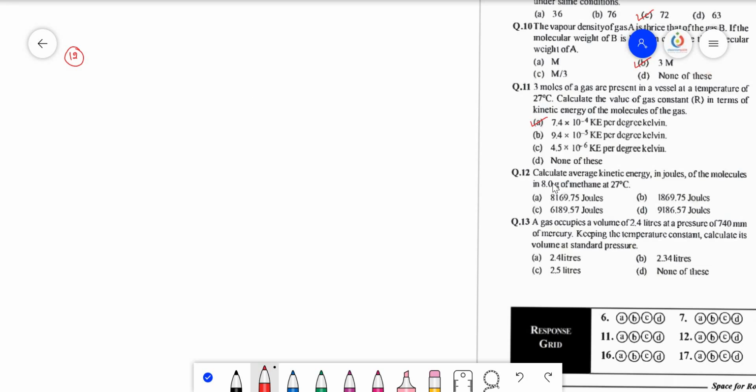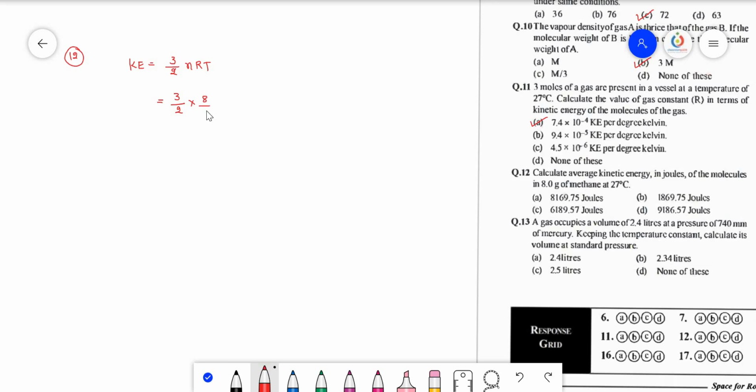Let us solve question number 12. Calculate the average kinetic energy in joules of the molecules in 8 grams of methane at 27 degrees centigrade. So average kinetic energy formula again is equal to 3 by 2 nRT. I shall substitute the given data over here, that is 3 by 2 into number of moles.